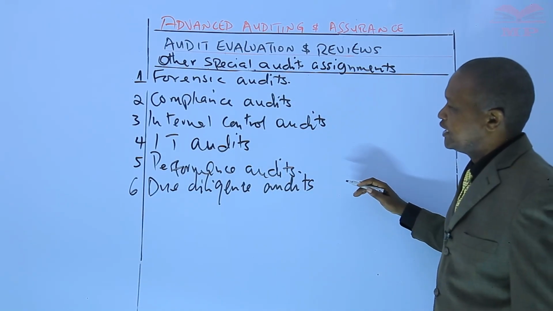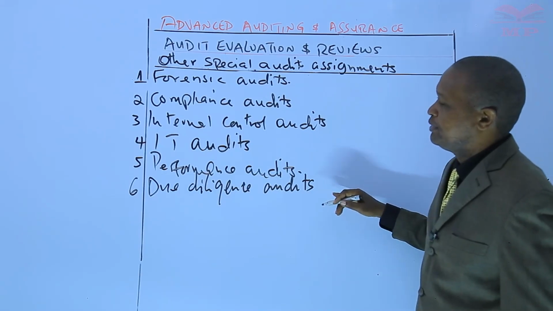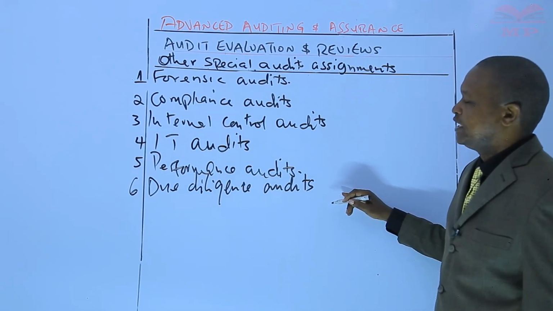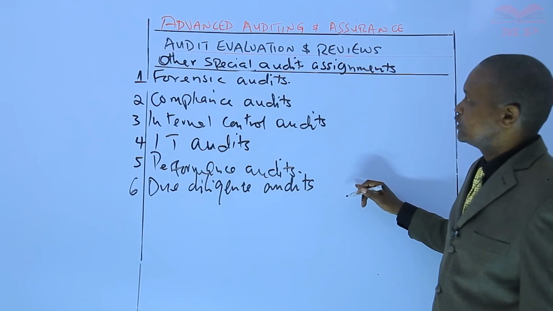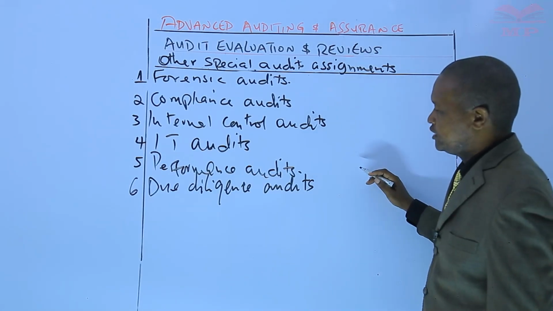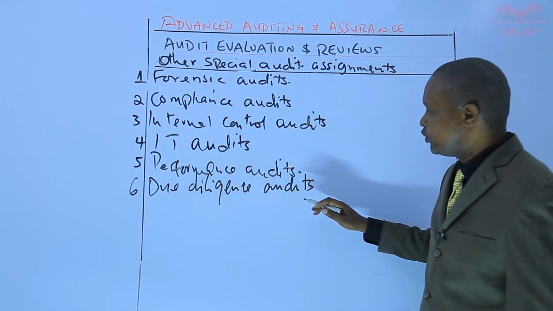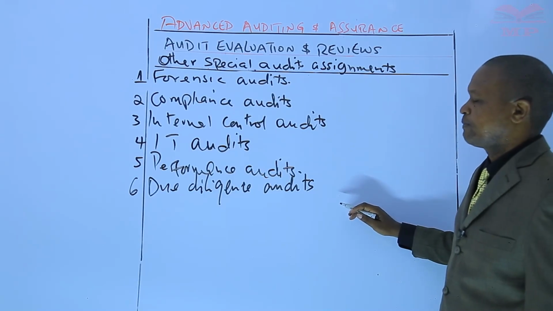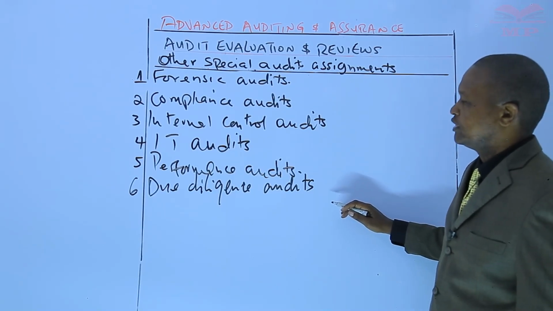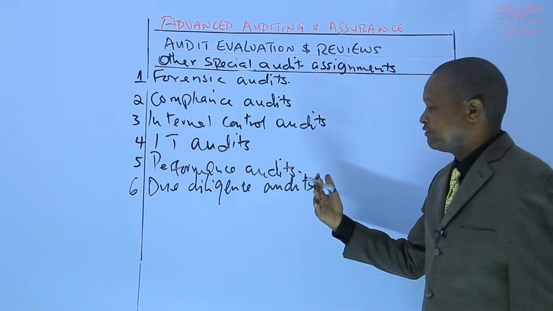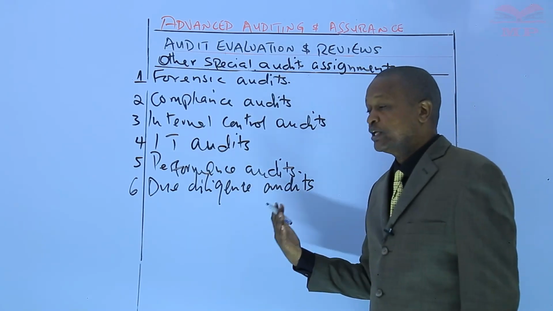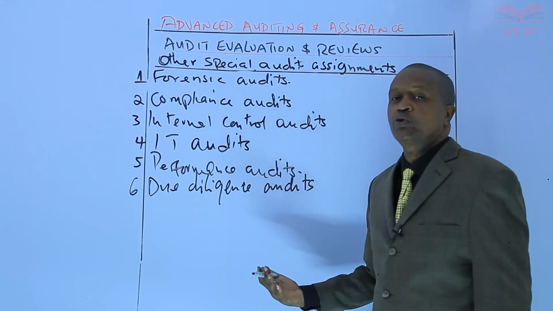So if company A would want to acquire company B, then company A may engage an auditor to carry out a special audit known as due diligence audit, such that after which the company is able to have information as to whether to acquire company B or not.